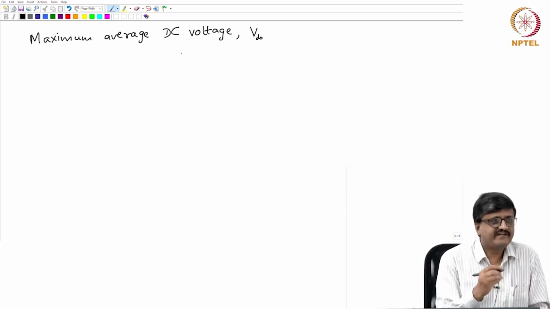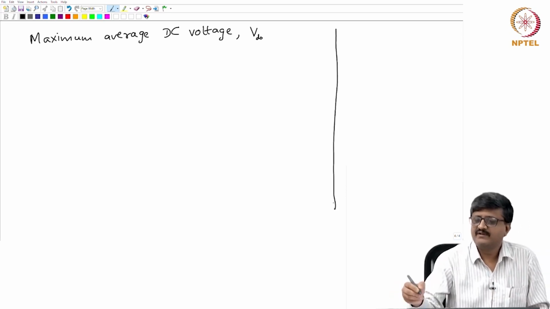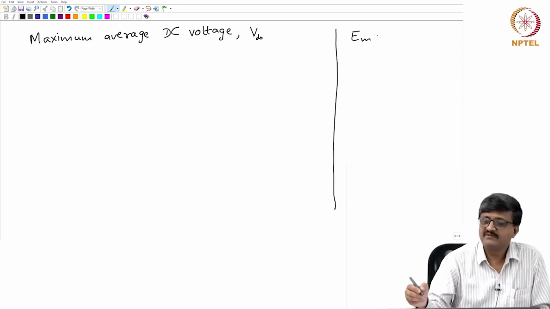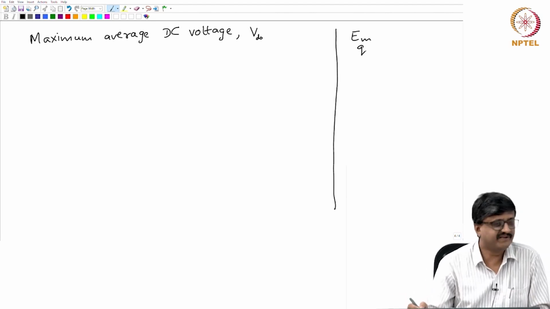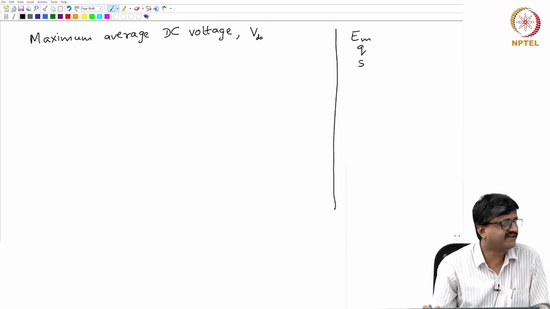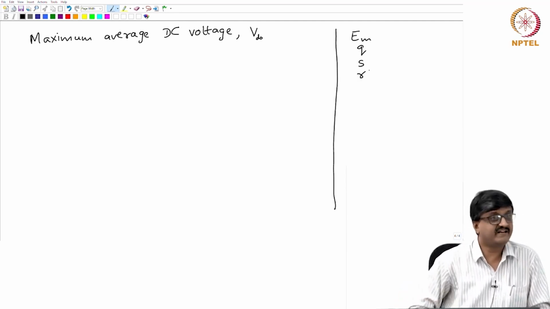First of all, let me just note down what we have. The quantities that we have: in the voltage, we have EM, we have Q as the number of thyristors in a basic commutation group, we have S as the number of basic commutation groups connected in series, and we have R as the number of such series connections connected in parallel.